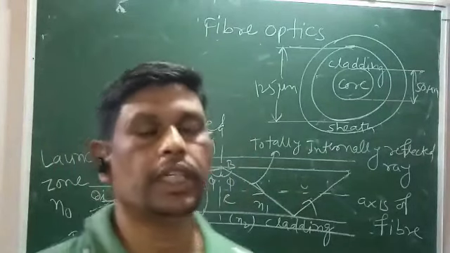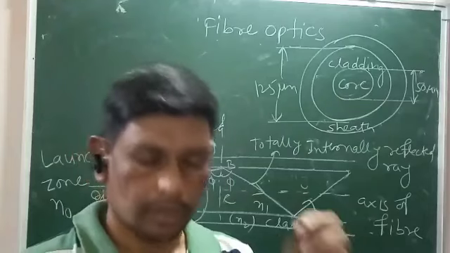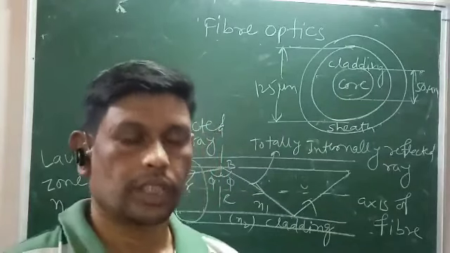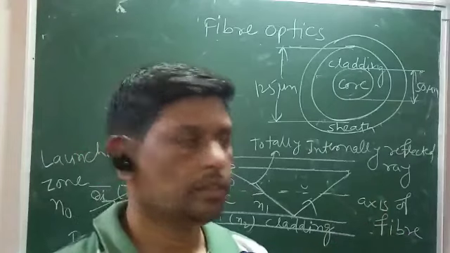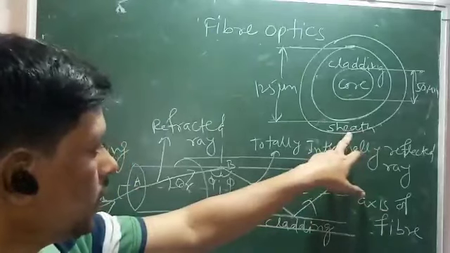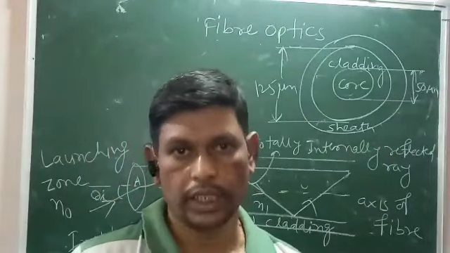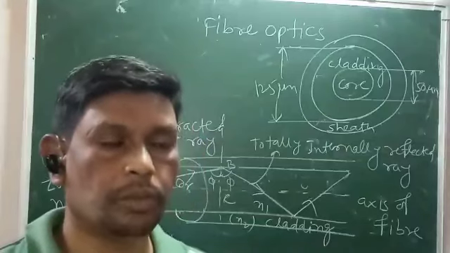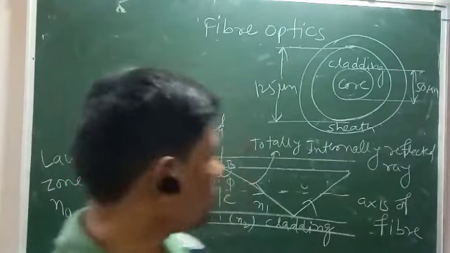The main work of cladding is to confine the light into the core. The outermost region is called sheath, and the diameter is approximately 150 micrometer, and the main work of sheath is to protect core and cladding from the external influences.